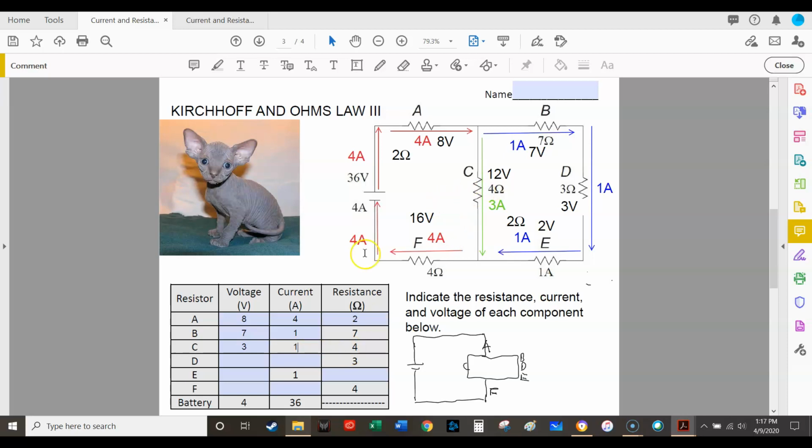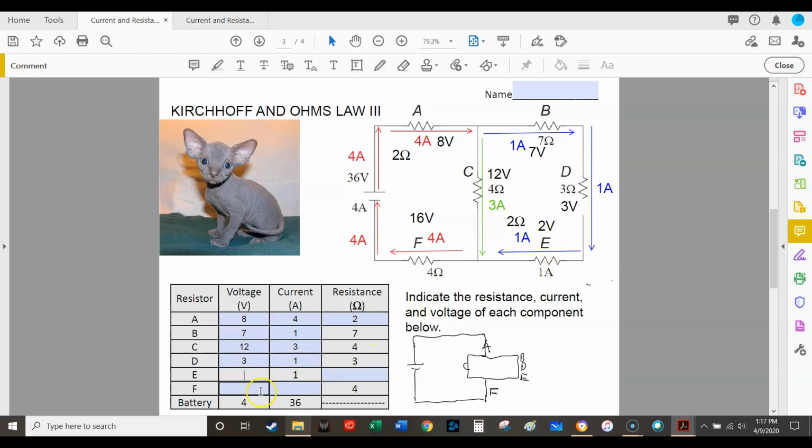Well, actually, C is right here. I was looking at D. Sorry about that. C is going to be 12 volts, 3 amps, and 4 ohms is already filled in. D is going to be 3 volts, 1 amp, and 3 ohms is already filled in.